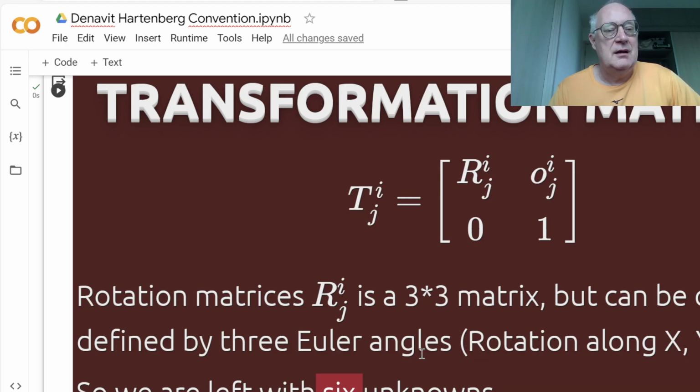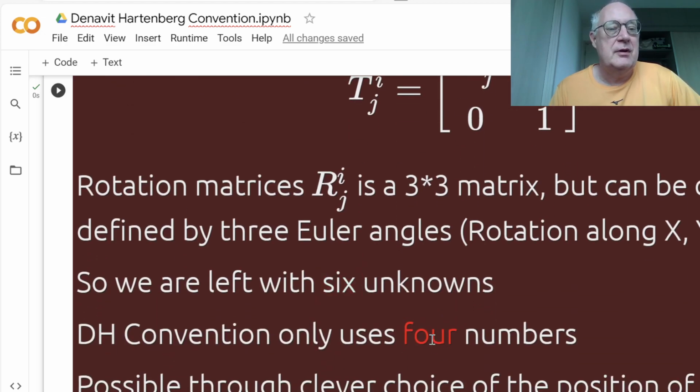But Denavit Hartenberg goes even further, and it establishes some more conventions in order to simplify the derivation of the kinematics so that we can do it with just 4 numbers. And that's possible through a clever choice of the position of the coordinate frames as well as their relative orientation.